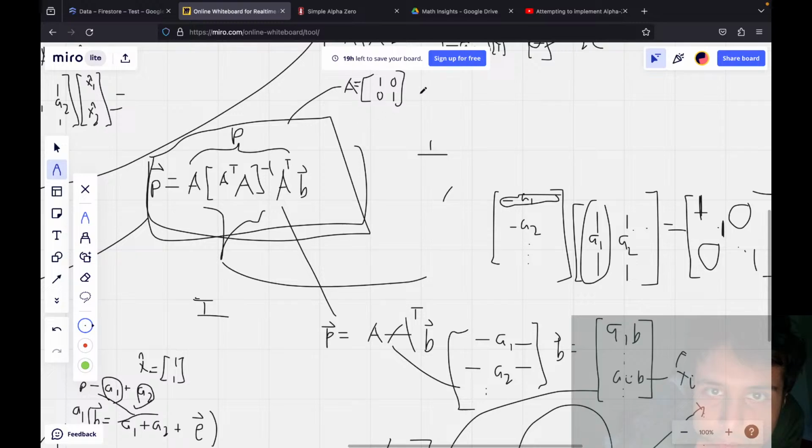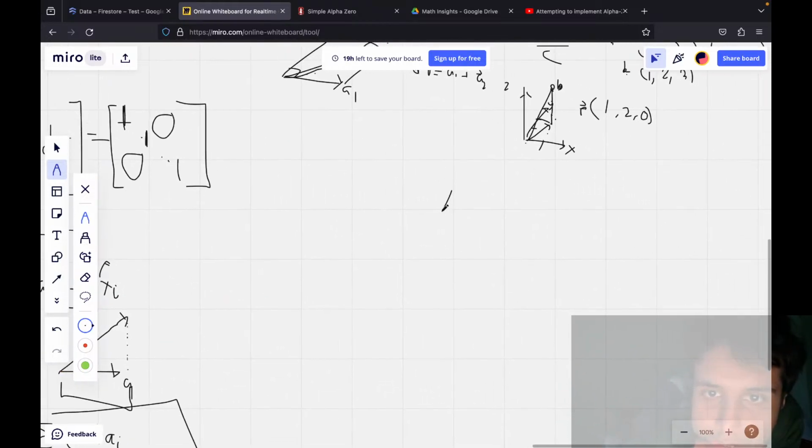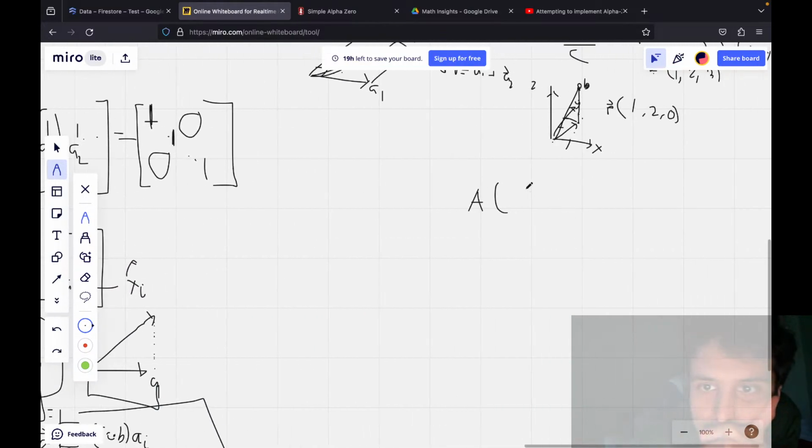So, yeah, let's do that. A, A transpose A, A transpose. Let's see if I memorized this correctly. A, A transpose A, the whole thing inverse, A transpose, yep. I can always rederive it, but I'm sick of deriving it.